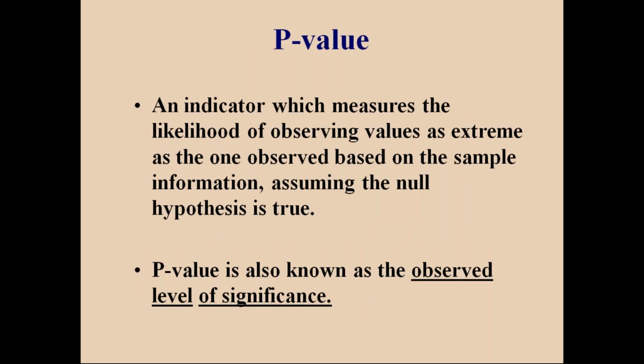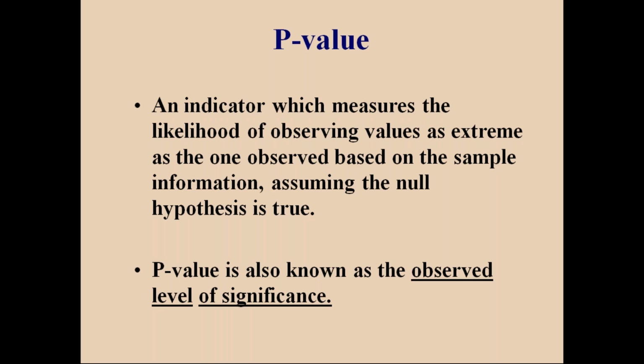What is the p-value? An indicator which measures the likelihood of observing values as extreme as the one observed based on the sample information, assuming the null hypothesis is true. P-value is also known as the observed level of significance.